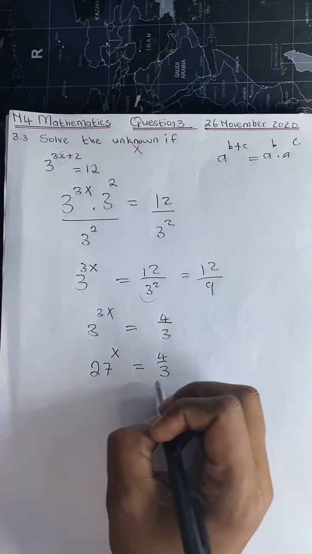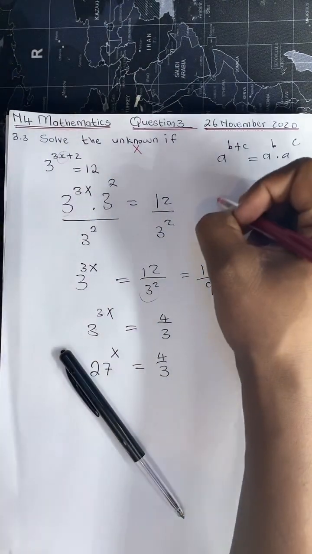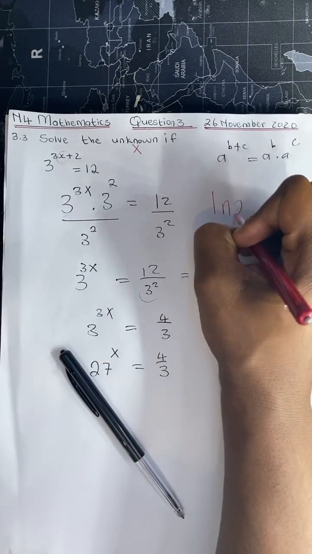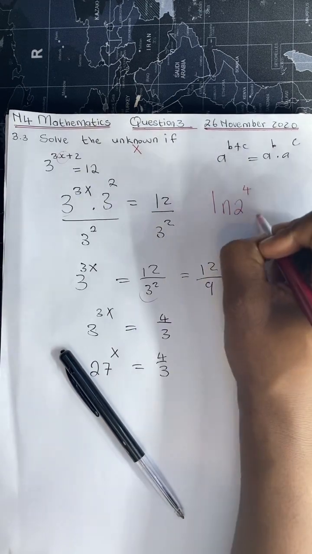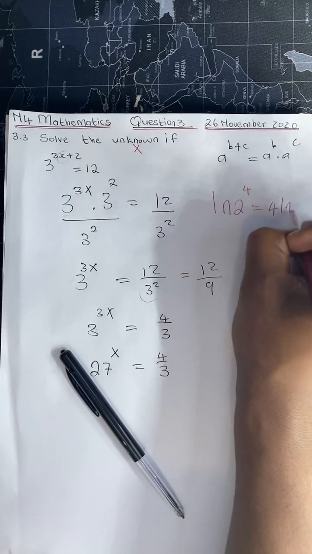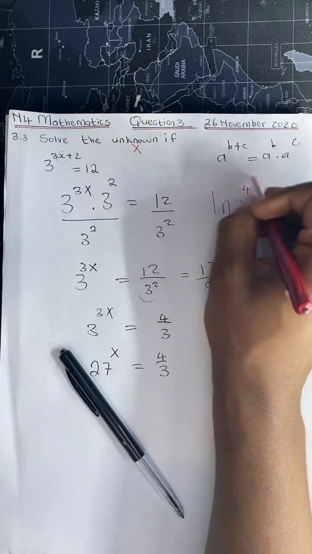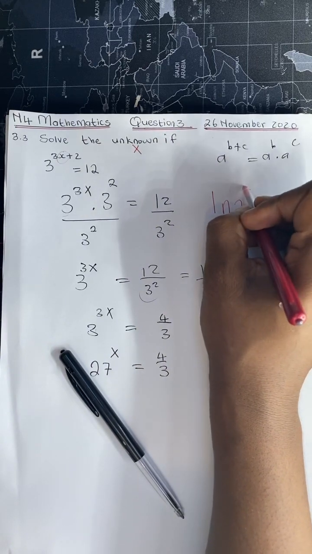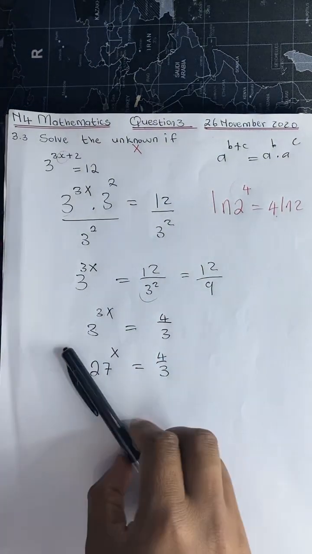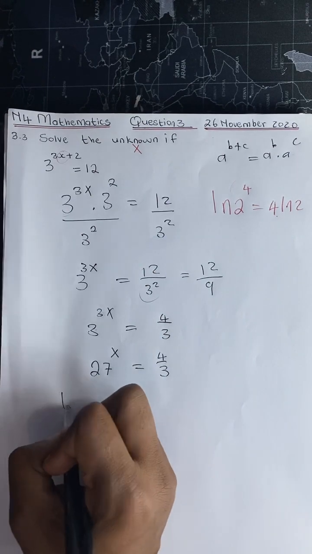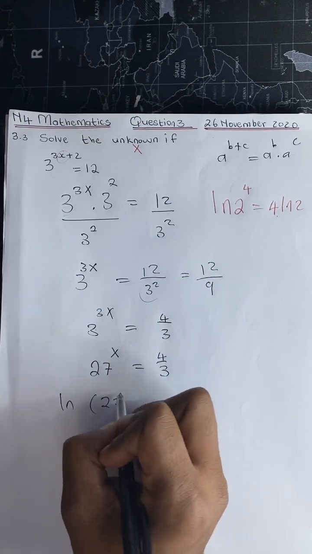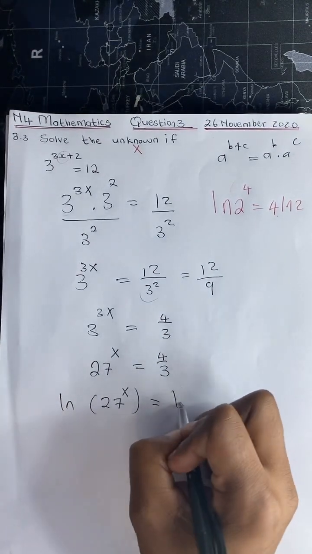So from here, our logarithmic laws again: we know that if we have ln of 2 raised to the power 4, this will be equal to 4 ln 2. The 4 is going to be moved from the exponent to the front. So we introduce ln on both sides. What you do on the left, you also do on the right.